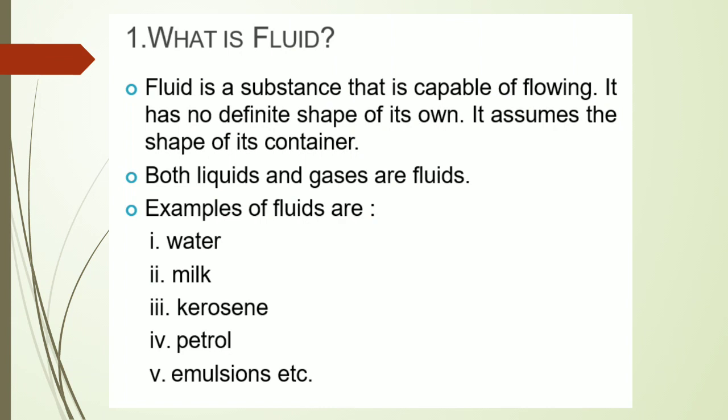Now we already know what a fluid is: a substance capable of flowing, or which undergoes deformation under the influence of stress. There are two types of fluids: one is liquid and one is gaseous. A liquid takes the shape of the container, whereas a gas does not take the shape of the container but tries to expand its volume throughout the container.